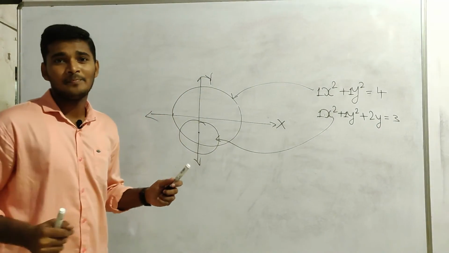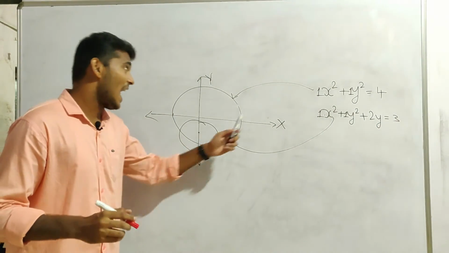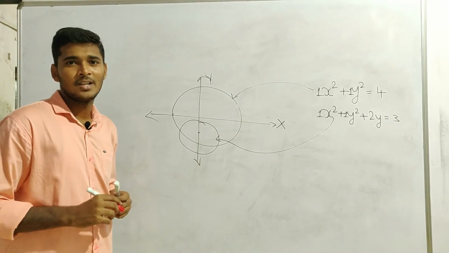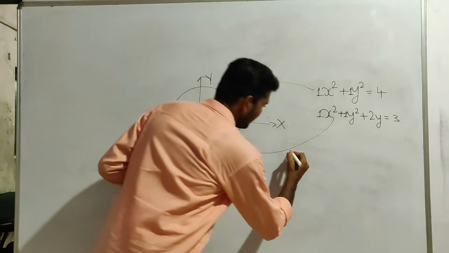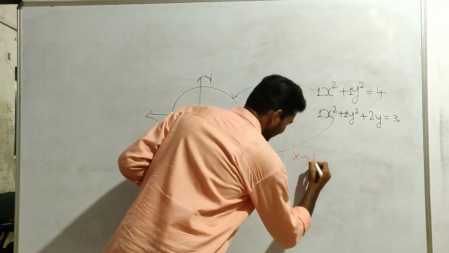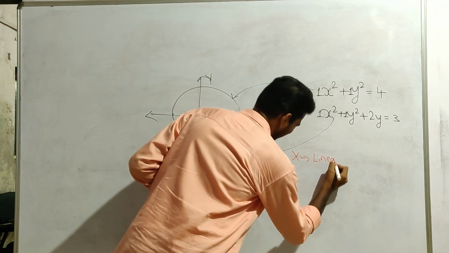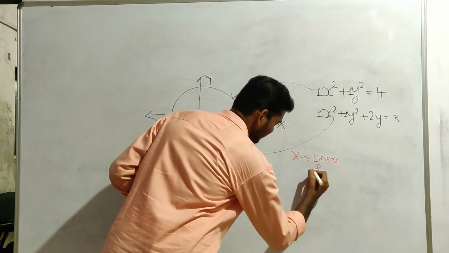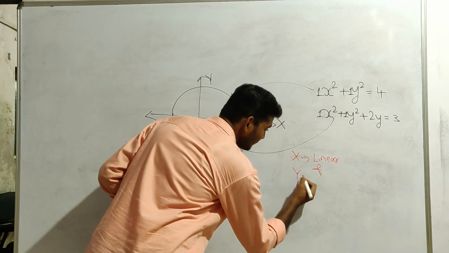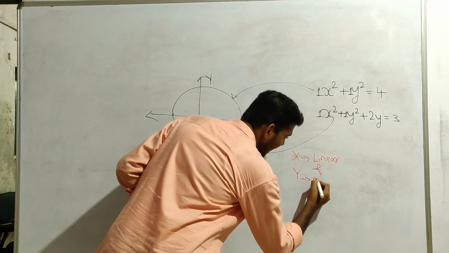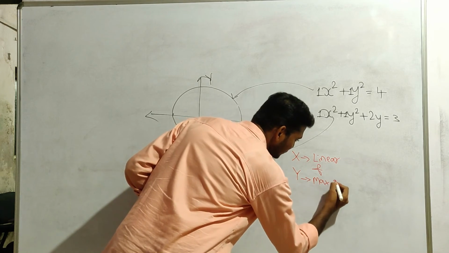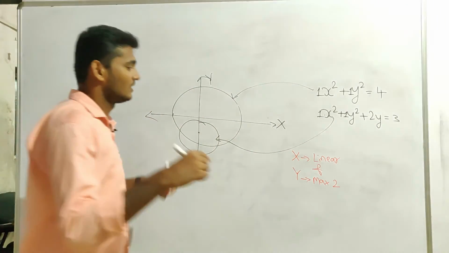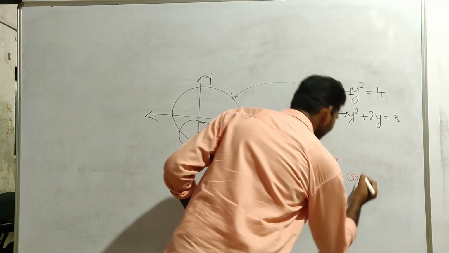For a parabola, one of the variables, either x or y, should be linear. Let's assume that x is linear and my y should have maximum power as 2, or we can do vice versa.